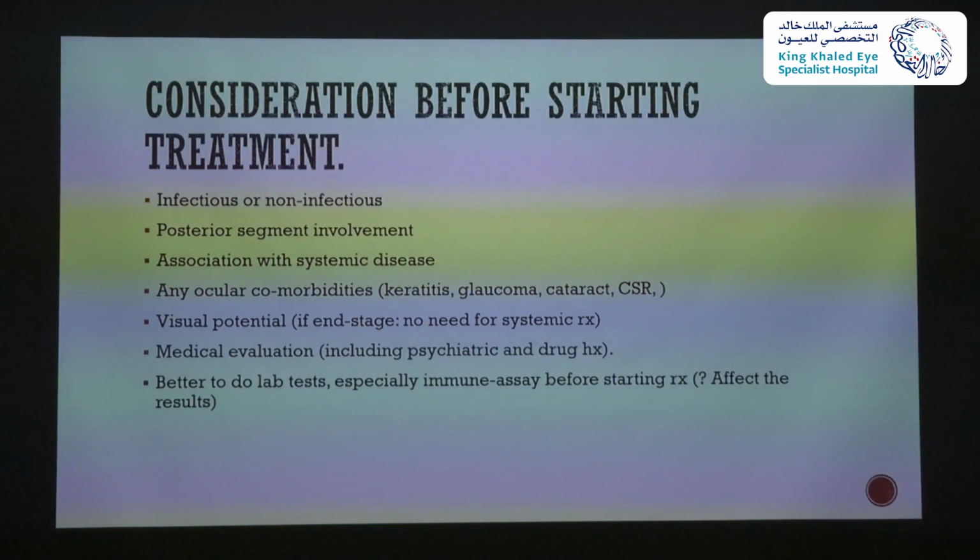Also, if there is association with a systemic disease, or any ocular comorbidities like keratitis, glaucoma, cataract, risk of central serous retinopathy, or history of CSR. Also, the vision potential is important in the decision of the type of steroids.